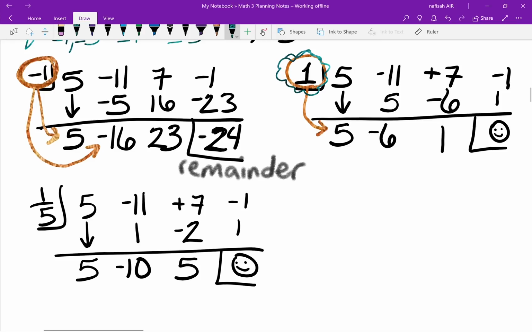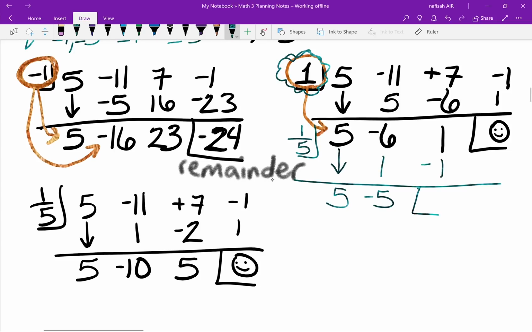I could have done 1/5 here, brought down my 5, and started over again. Watch what happens. 1/5 of 5, we already know, is 1. Negative 6 plus 1 is negative 5. 1/5 of negative 5 is negative 1. 1 minus 1 is 0.